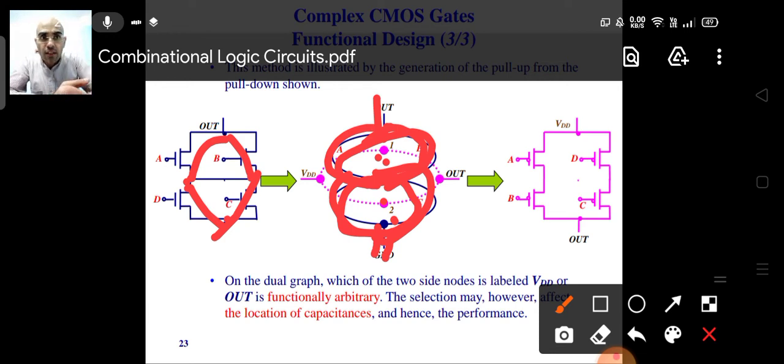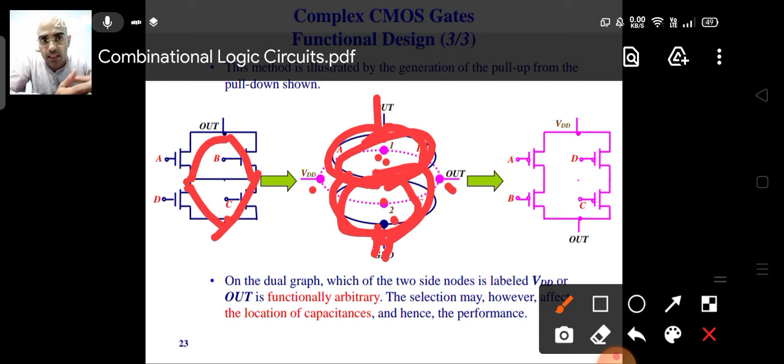Then this should be connected to the VDD and the output terminal. So we will use VDD and the output terminal outside the loop. We have to consider these points, VDD and out, outside the loop, and we can consider them on either of the sides. No problem. That will have some effect, but we are not much concerned about that effect at this point of time.